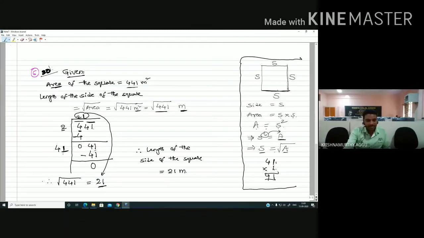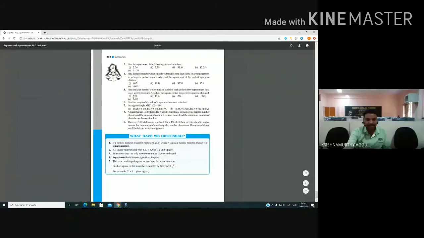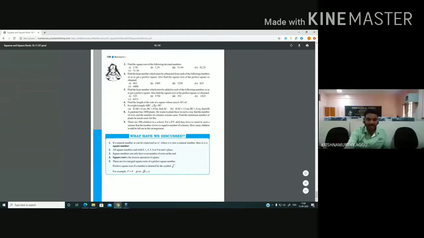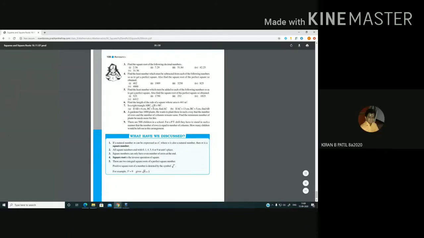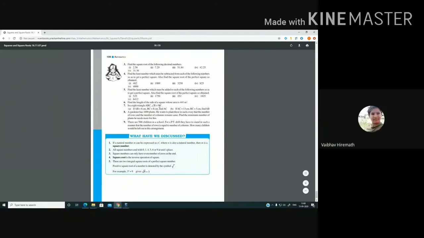Then we will go to question number 7. You see what is there here? Read it. In a right triangle ABC, angle B is equal to 90 degrees.